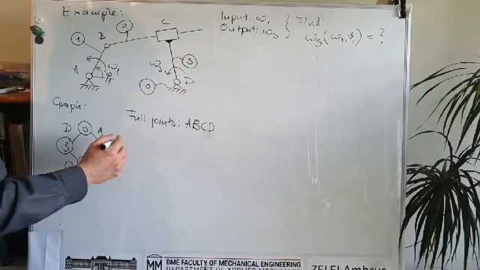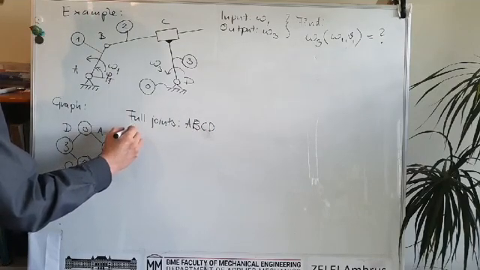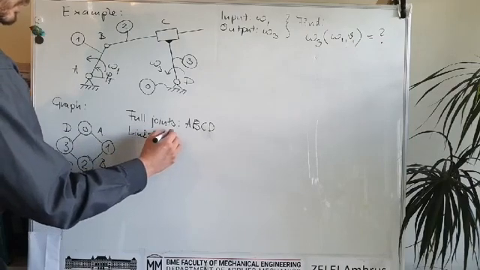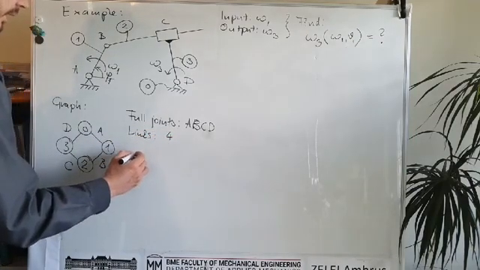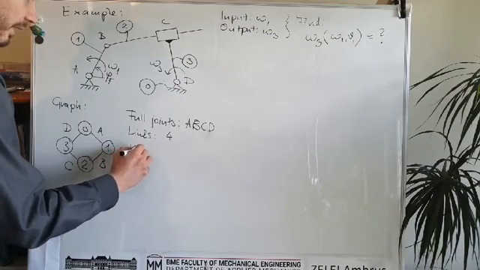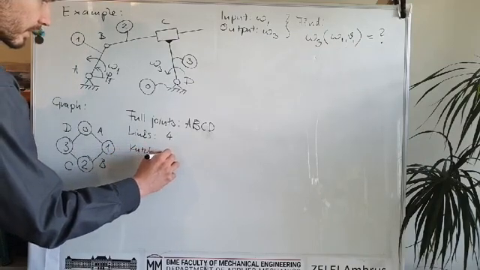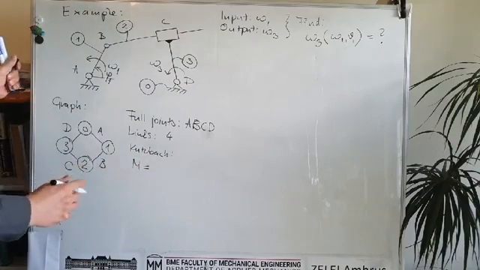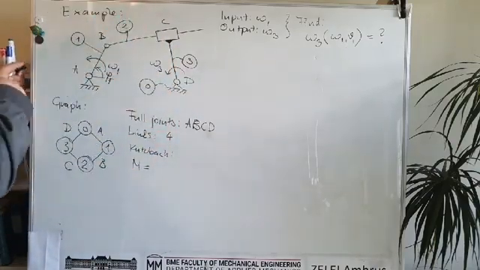And the number of links is 4 basically. So by using the Kurzbach equation, we can say that the mobility is equal to, so we have done it at the beginning of the semester.